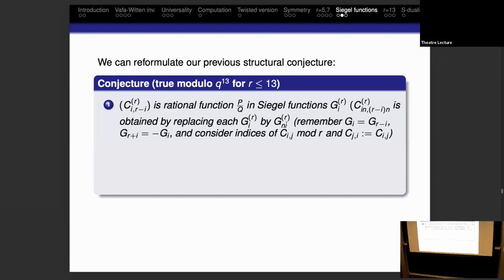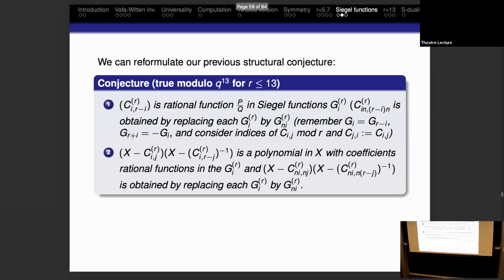And again, we consider the indices with the same weight as before. The same is true for the quadratic relation, where the coefficients are again rational functions in the Siegel functions. And when we move the indices of the I_j, then we do the same to the Siegel functions. So this is how this operation acts.